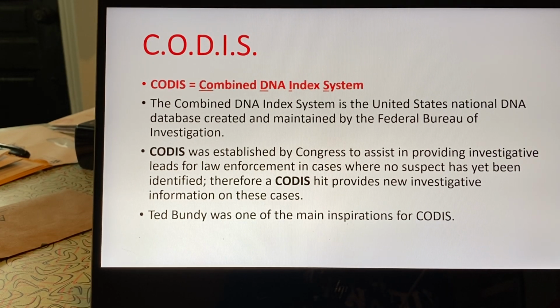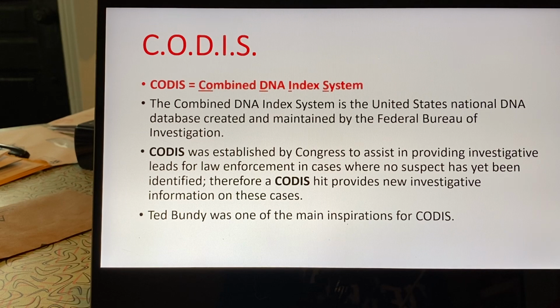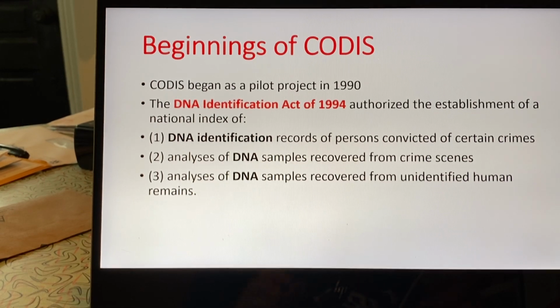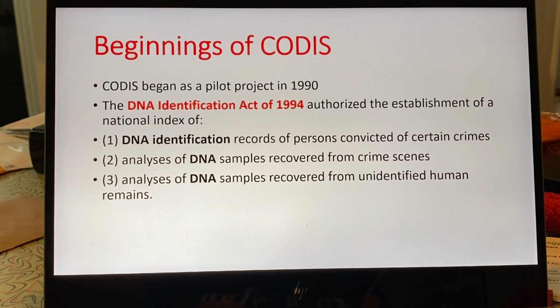And I remember him saying that there are 3 words why the CODIS system is necessary, and those words were Theodore Robert Bundy. Because if you remember, Ted Bundy started out in the Seattle area, and then he moved on to Utah to go to law school, and then he went up to Colorado, and ended up in Florida.